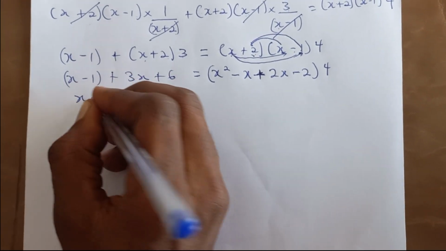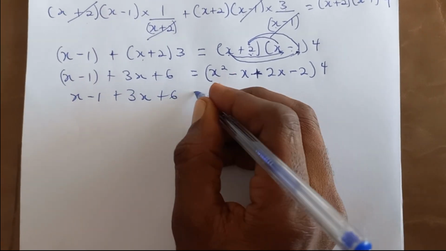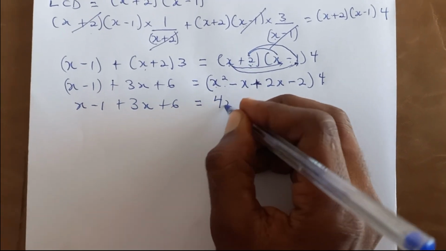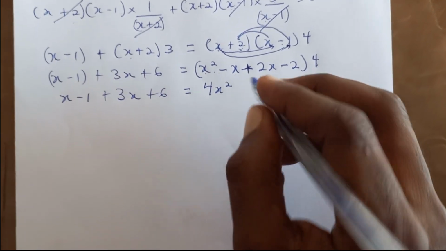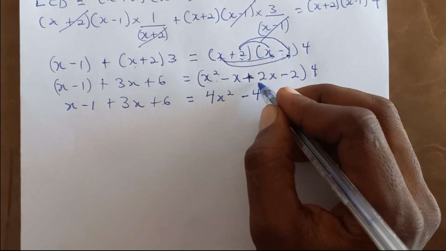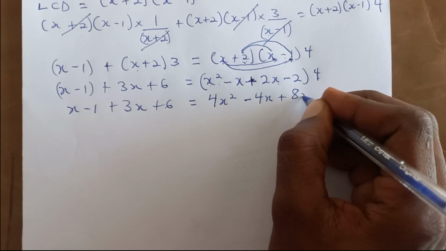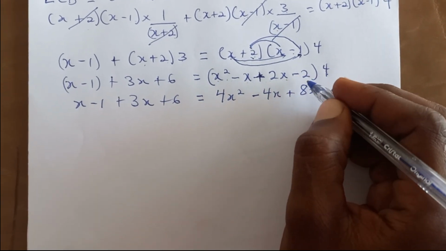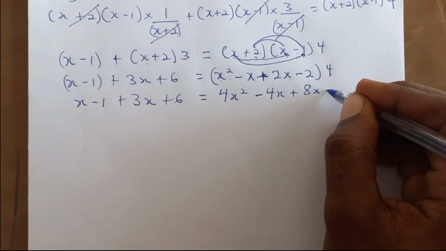We get x minus 1 plus 3x plus 6, which is equal to 4 multiplied by x squared, we get 4x squared. 4 multiplied by -x, we get -4x. 4 multiplied by 2x, we get plus 8x. Good. Then 4 multiplied by -2, we get -8.